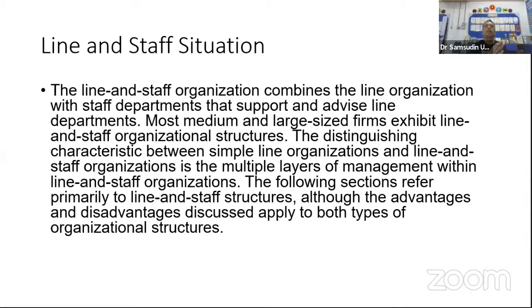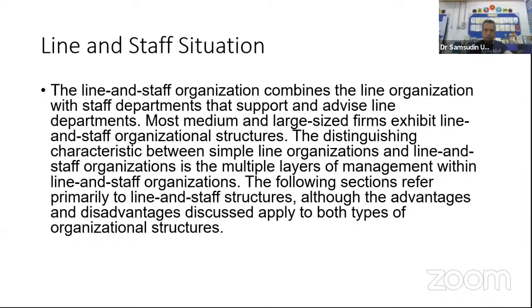But in a small firm, a small business unit, there may be a very clear difference between line structure and staff structure. But in a large size company, we can see there is a link, there are linkages between the line and staff function in this situation.